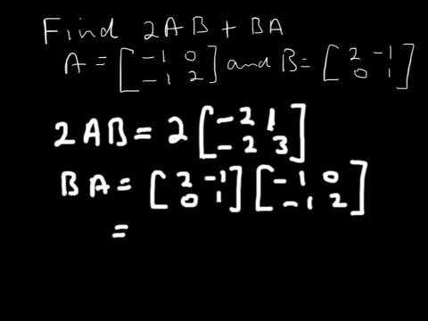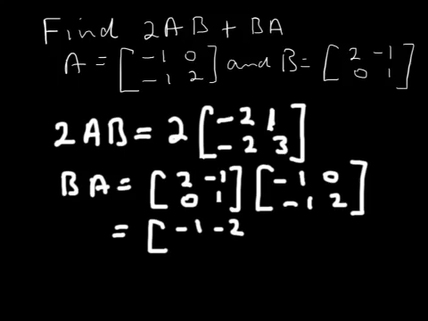Okay, multiplying these out, we get 2 times negative 1 is negative 2, plus negative 1 times negative 1 is positive 1, so it's negative 2 plus positive 1 equals negative 1. And then the same row by the next column is 2 times 0 is 0, plus negative 2, so it's negative 2 is my answer.